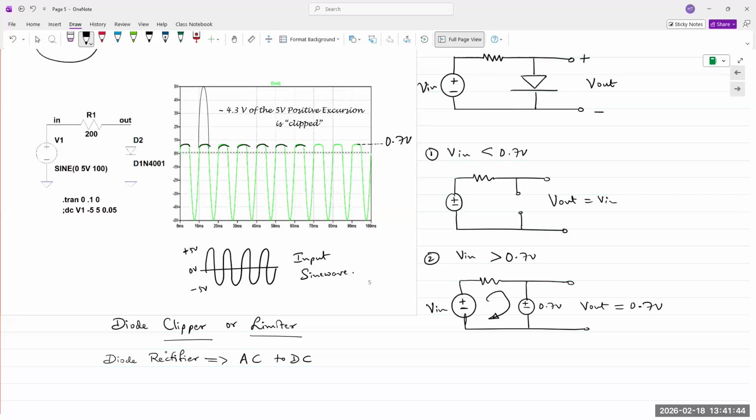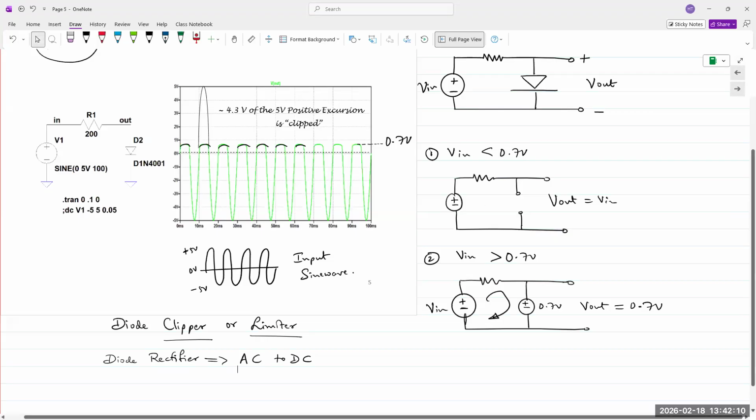The capacitor does the job of filtering out this so-called pulsating DC and gives us an almost flat line. Again, that's a topic for 315. Suffice it to know for now that this kind of diode circuit is known as a clipper, a limiter, or a rectifier circuit.